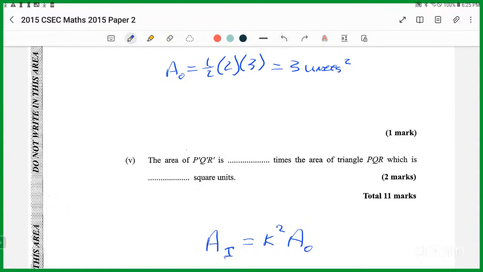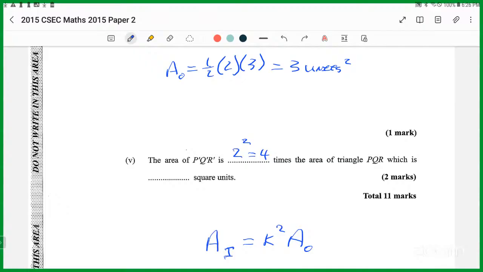So the area of P prime, Q prime, R prime is something times... What is that something? The scale factor squared, which is 2 squared, which is 4. 4 times the area of triangle PQR, right?